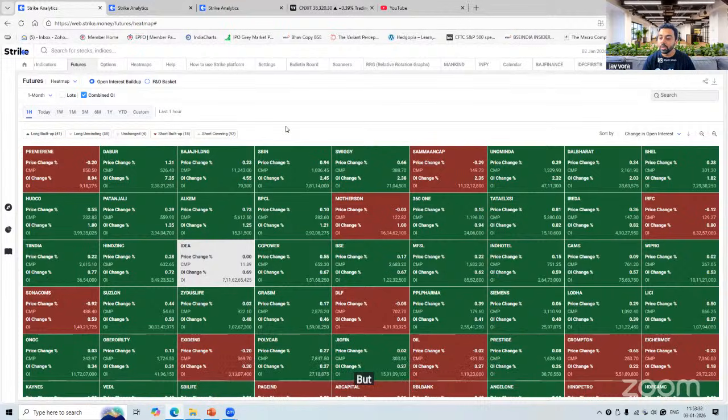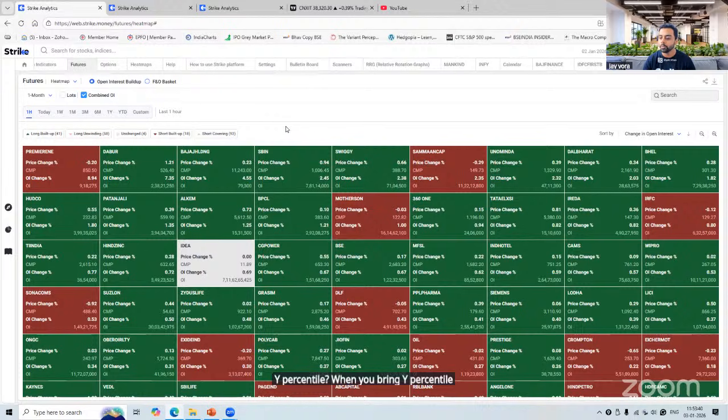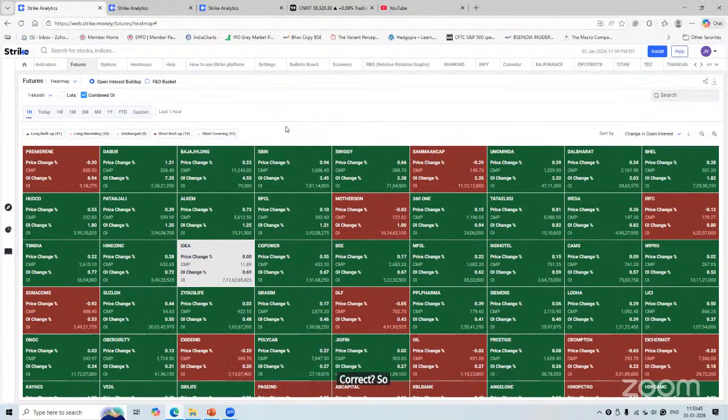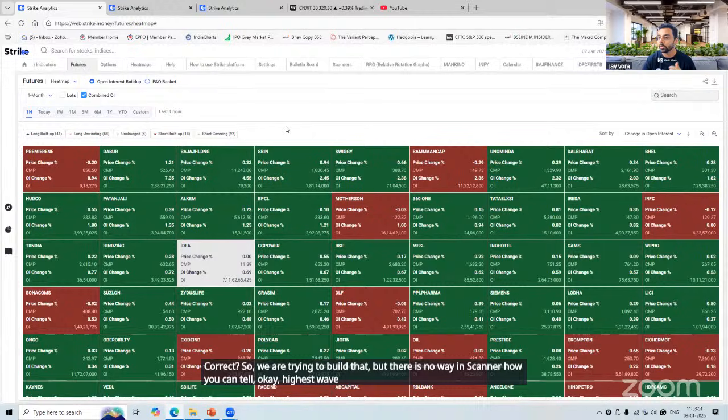But again, we are trying to think of it by bringing in OI percentile. When you bring in OI percentile, you will be able to catch it. Correct? So we are trying to build that, but there is no way in a scanner to tell how the highest OI will come, because it will check for a period of time.